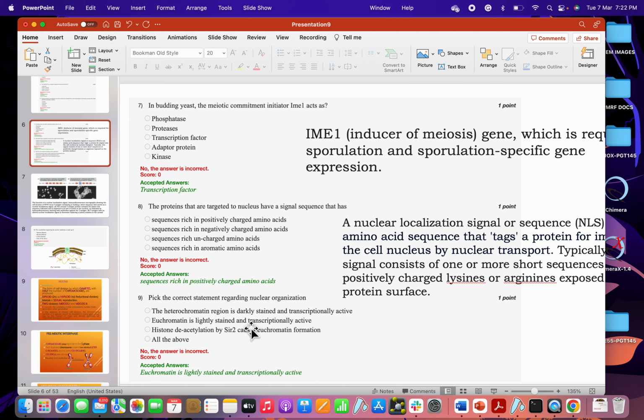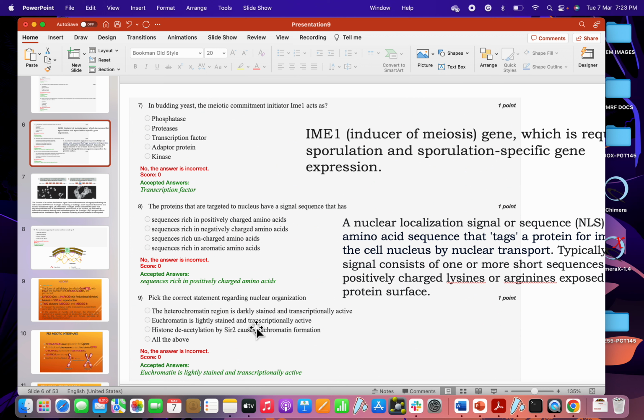Also, when we stain our nucleus, these regions are darkly stained. So the area called heterochromatin, which is darkly stained and very much condensed, will be transcriptionally inactive. But here it is written that it is active, so this is a false answer.